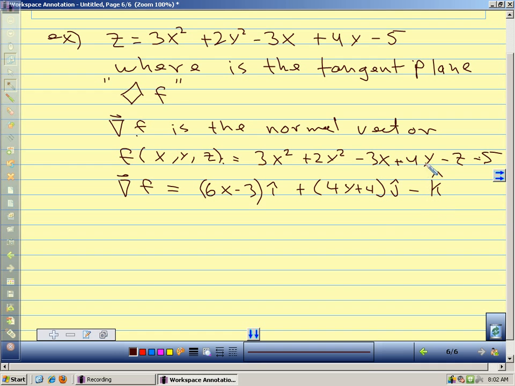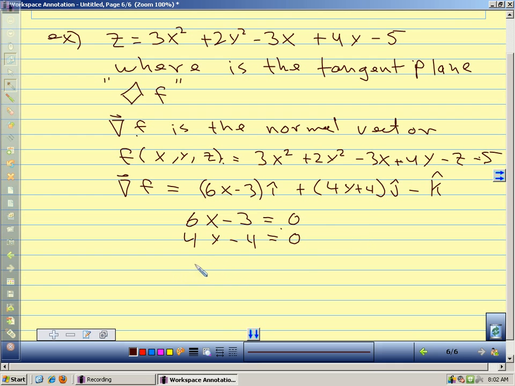And we need to know when our normal vector is parallel to the z-axis: the x component and the y component are both 0. So we're looking at 6x minus 3 equals 0 and 4y plus 4 equals 0. In this particular problem, it works out really nicely. We don't have a complicated set of simultaneous equations to solve.